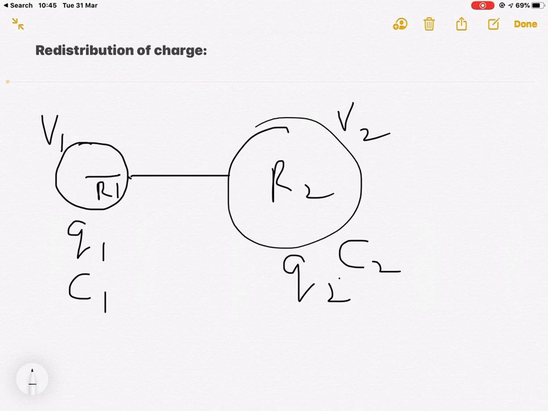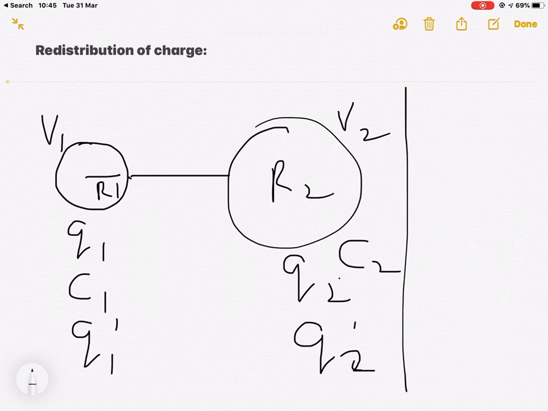Now charge redistributes till the potential of these two spheres become equal. Thus, let us suppose Q1 dash is the final charge attained by first sphere and Q2 dash is the final charge attained by second sphere. Therefore, we can say Q dash, new charge attained by any of this sphere, is proportional to capacity of that sphere.